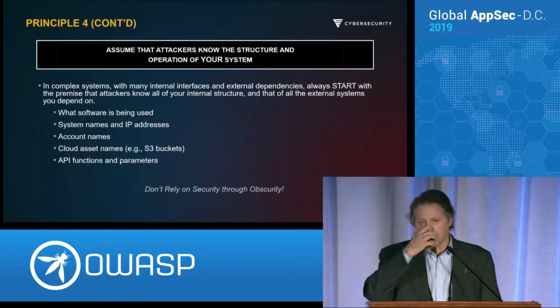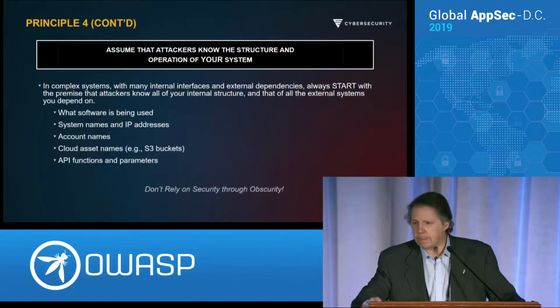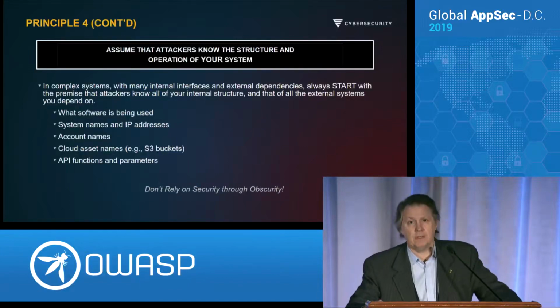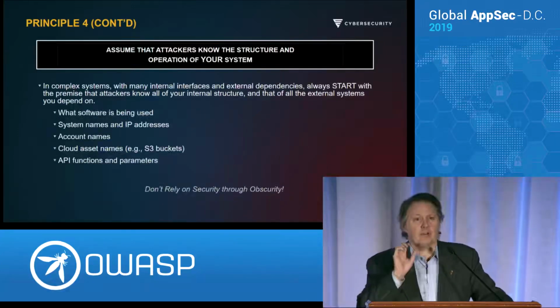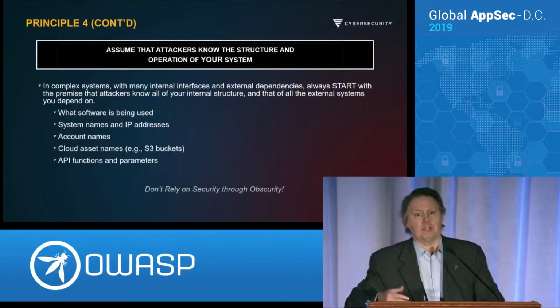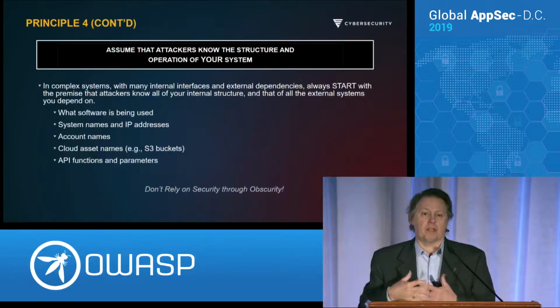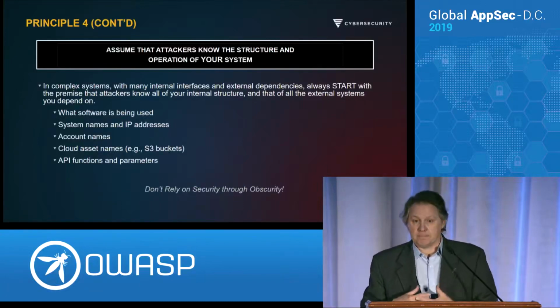Okay? I went to a really cool talk about attacking a cloud system a couple of years ago at the RSA conference. And there was a lot of that in there, where in that particular attack, they just went after internal interfaces that were insufficiently protected by, in that particular case, cloud policy.